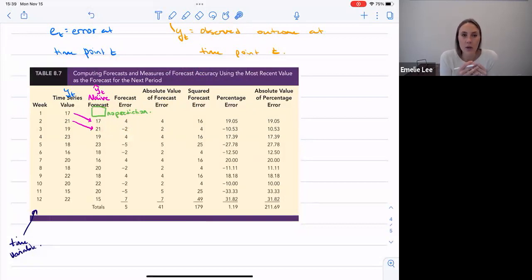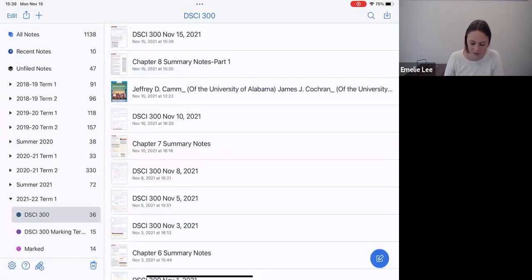So let's talk about different ways that we can leverage these forecast errors to determine what makes a good forecasting model. We're trying to minimize those errors.